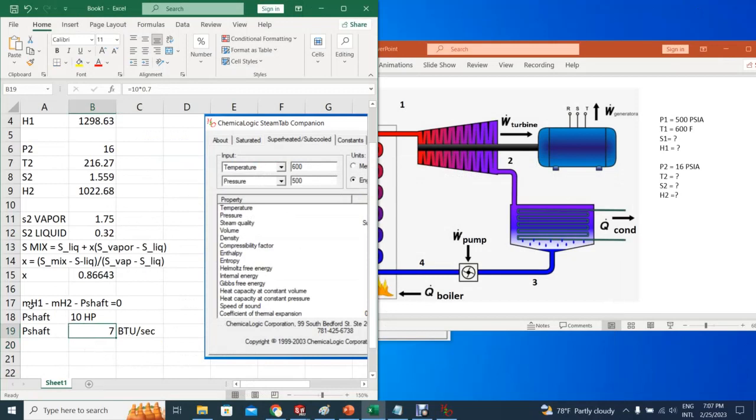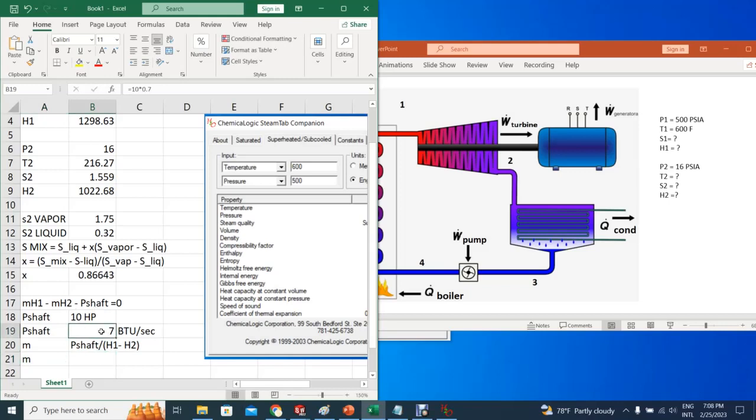That's perfect. So now we can take this equation and work it out for the mass flow M. M, in this case, is going to be P shaft divided by the difference of enthalpy 1 minus enthalpy 2, and that's where you get your M. If I do the numbers now, which P shaft are you going to pick, 10 or 7?